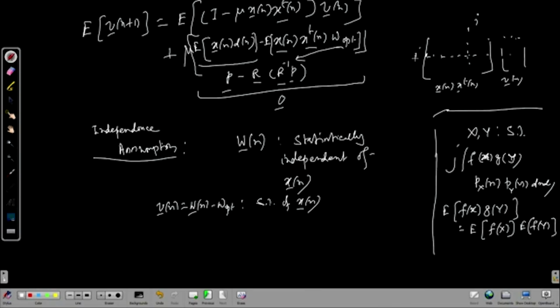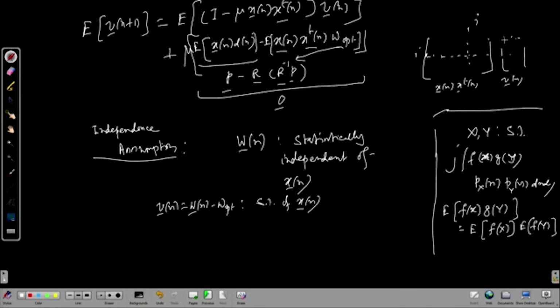So, if it is the ith row, x(n minus i), and then x(n minus j). So, x(n minus i) into x(n minus j), that product, and the ith row times this will multiply v(n minus j). So, it will be the expected value of x(n minus i) x(n minus j) into v(n minus j).